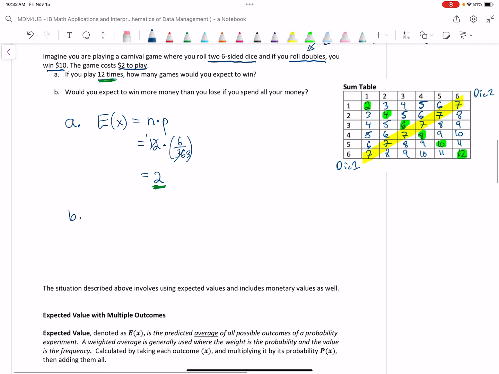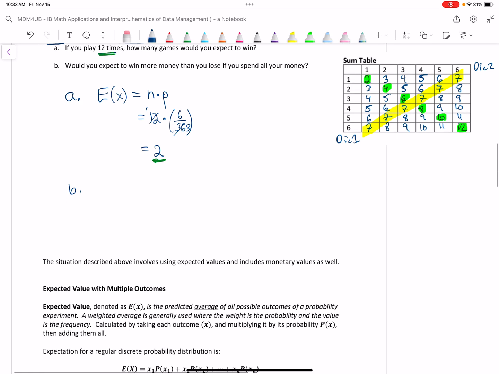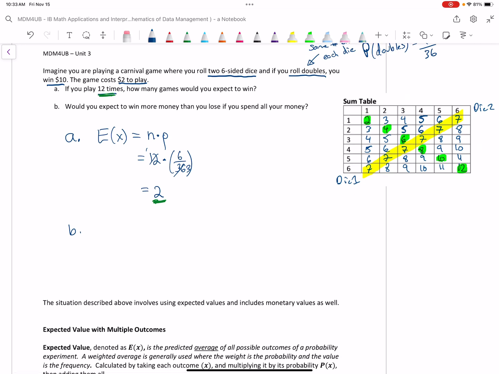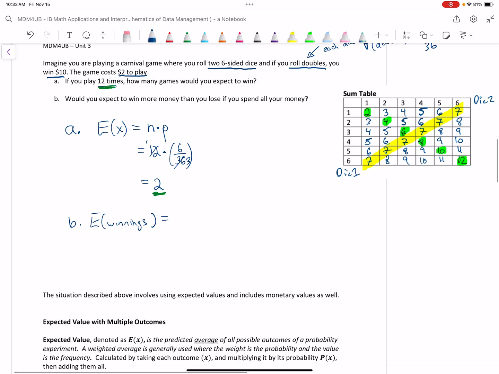So part B, would you expect to win more money than you lose if you spend all your money? It's a bit of a thinking question. So if I'm going to spend all my money, and what do we have to start? We've got 12 times. So my expected winnings. So my winnings will always be the winnings minus whatever the cost is to play.